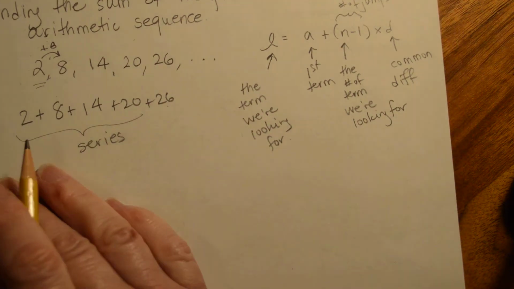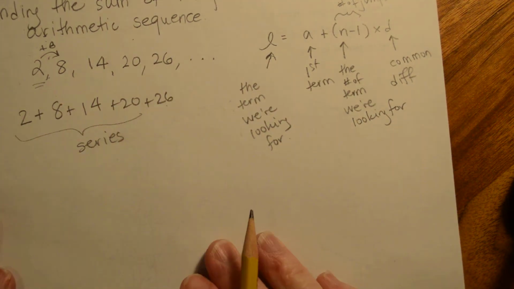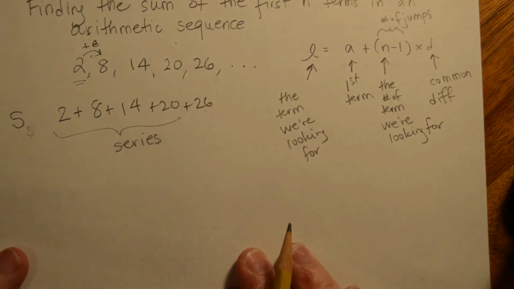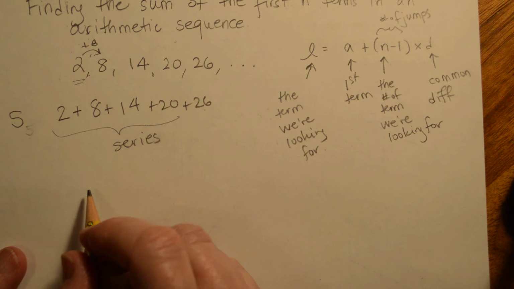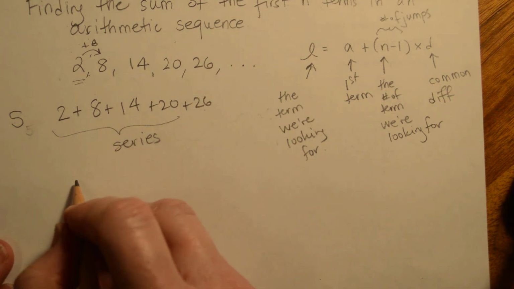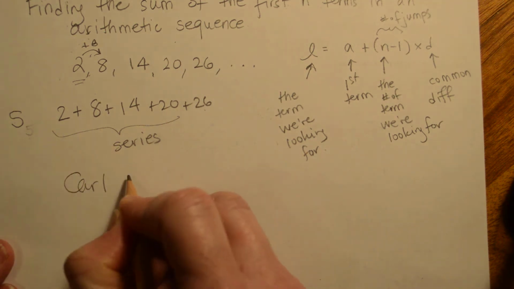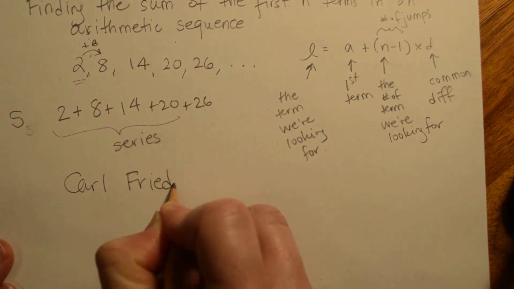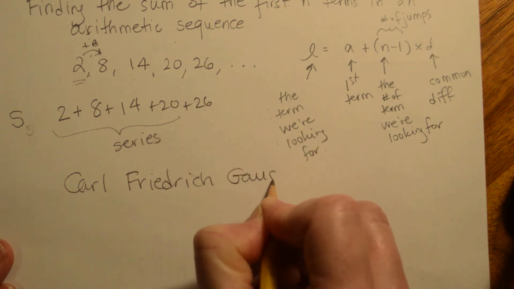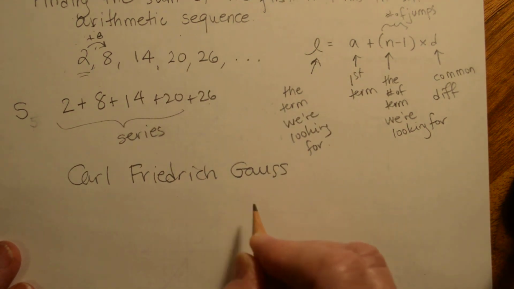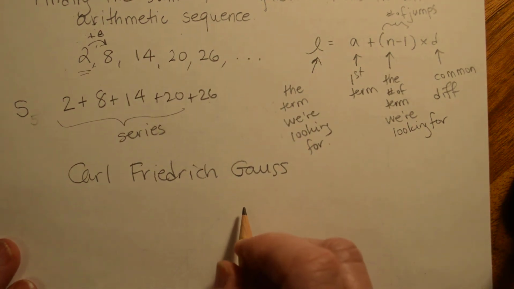All right. And I want to talk for a minute about how we get the formula because it will make a little bit more sense. And that goes back a long time ago to a young boy named Carl Friedrich Gauss. He was a smart kid, and he was in his math class.